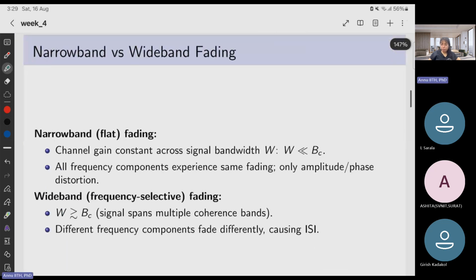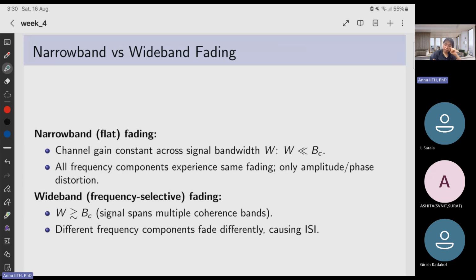Narrowband versus wideband fading. What is the difference? Narrowband is actually flat fading, where the channel gain is constant across the signal bandwidth, where W, the input signal bandwidth, is very much less than BC, the coherence bandwidth.